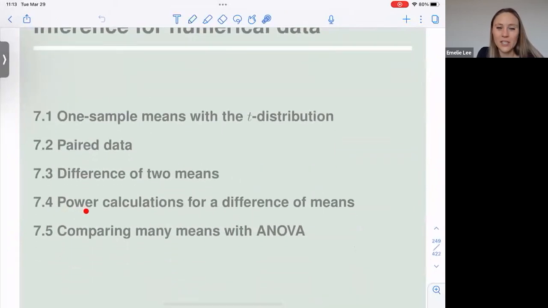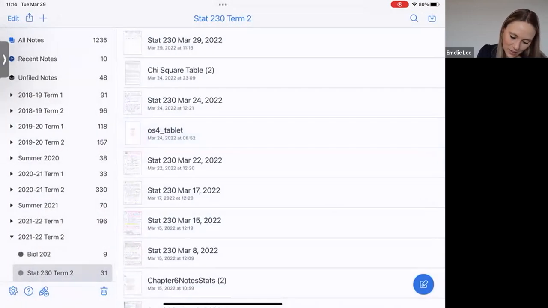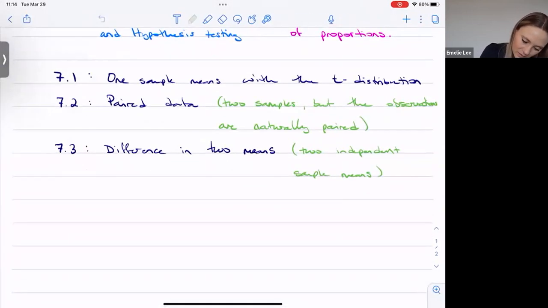The power calculations, we're going to skip. I encourage you to read it because it's good to know that this exists. But like I said, usually I'm a little short on time. So then I just skip to 7.5, which is way more important. Okay. I guess I shouldn't say that, but 7.4 is power calculations.